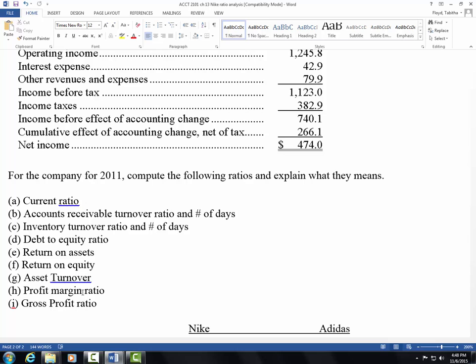But if you're not actually doing the ratios, you can mess up on the exam. So I want you to practice actually doing the ratios yourself. So pause the video, get that ratio sheet off of D2L, print this Nike handout out, and then come back to the video.